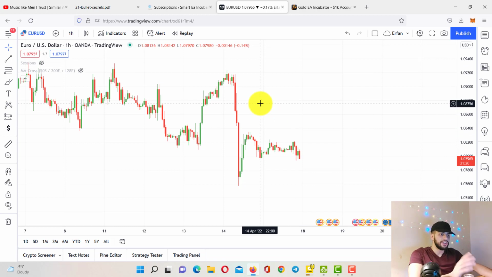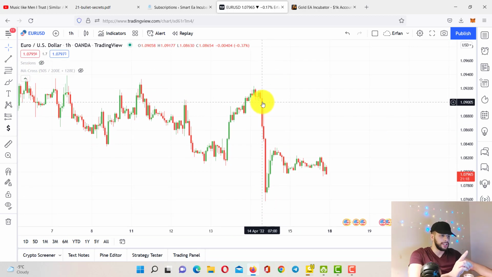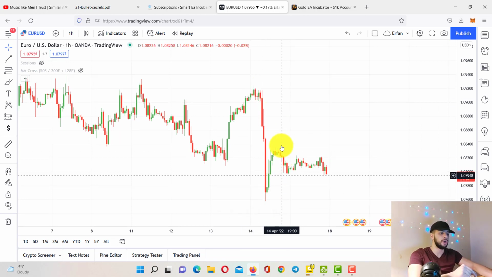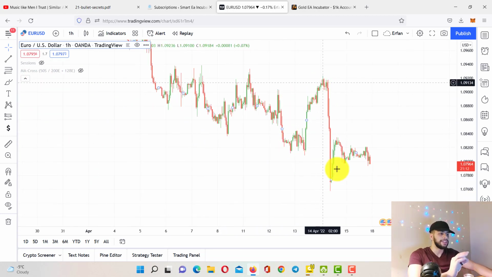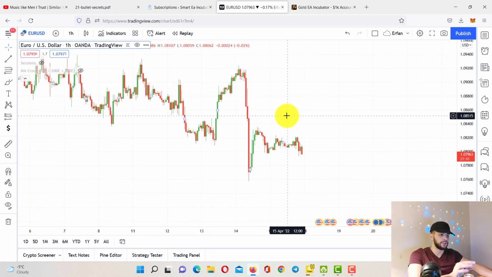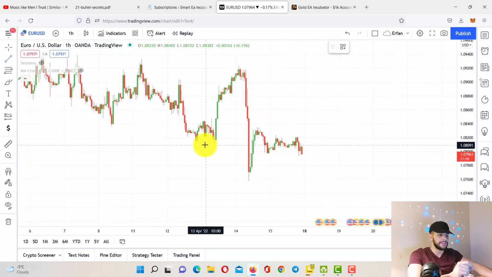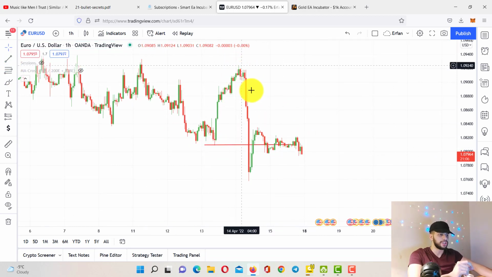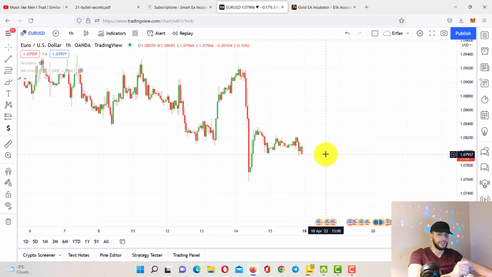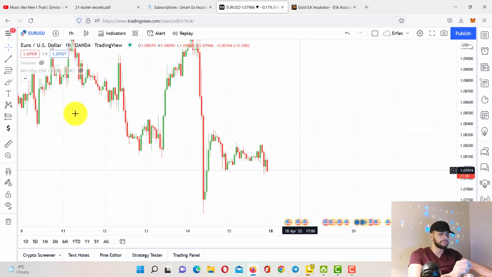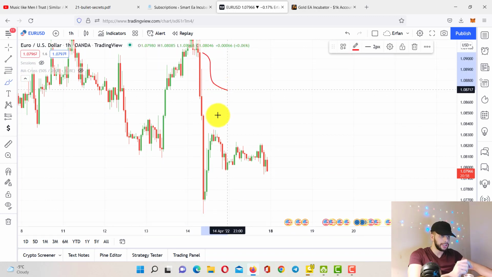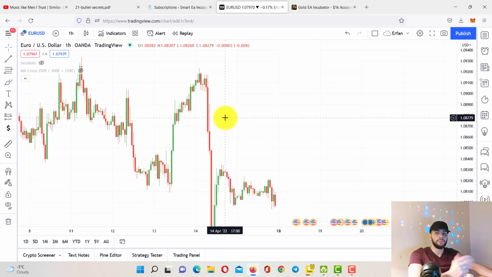So for EURUSD, something interesting that happened was that on April 14th, which was 3 days ago, we had a huge drop towards the downside, and this drop had multiple breakout structures, and the main one is this one right here, from here to here. As you can see, we have a very strong breakout structure, and after that the market started consolidating. So it means that right now we have so many gaps around this area that need to be filled in.